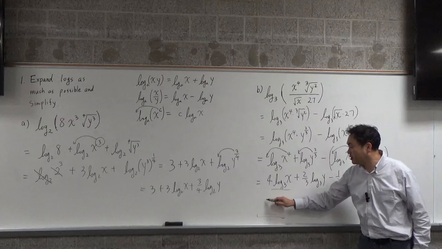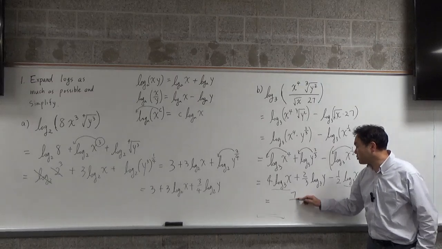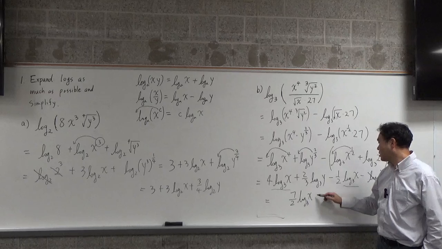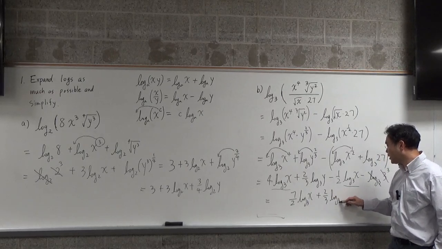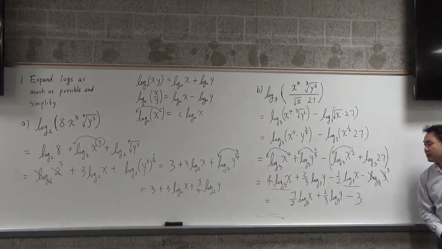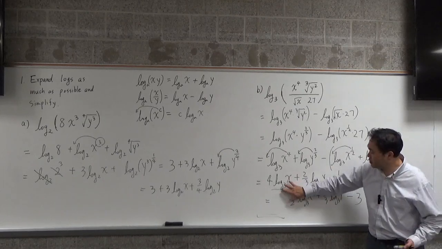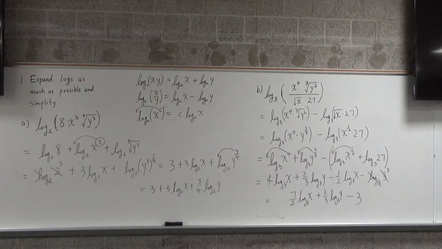What's that? 7 over 2. So you get 7 over 2 log base 3 of x, and then plus 2/3 log 3 of y, and then minus 3. Okay? So that's how you do this second one.